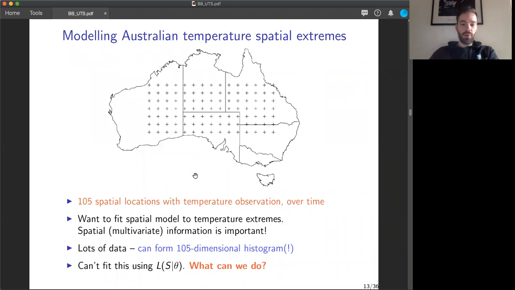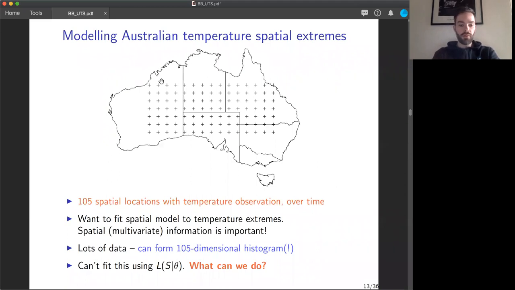In that paper, we are looking at modeling the Australian temperature using spatial extremes. We have 105 locations because we're looking at gridded data. We have a climate model, so the data are actually simulated according to a climate model, and we have this kind of resolution.